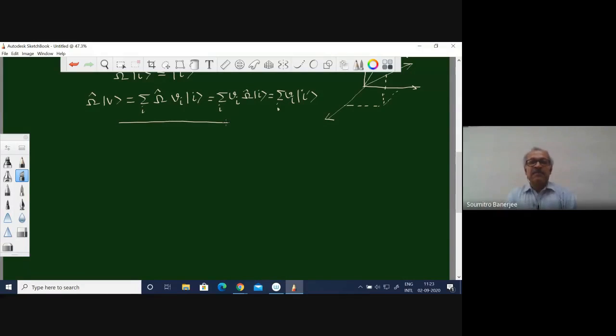Given any basis, how do we define the operator as a matrix? That is the problem we are facing now. Suppose the function psi is obtained as an operator A operating on another function phi.